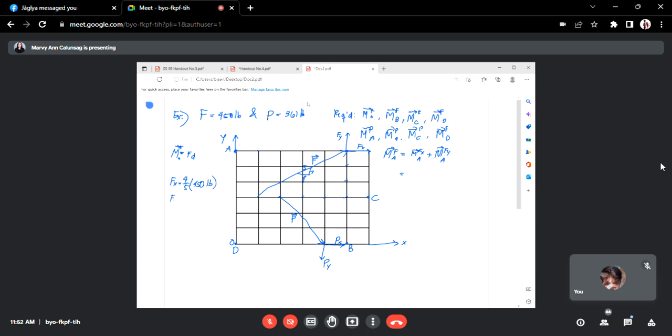That is how you get the x component of the force. 4/5 of 450 is 360 pounds.